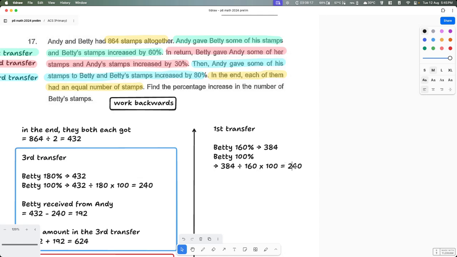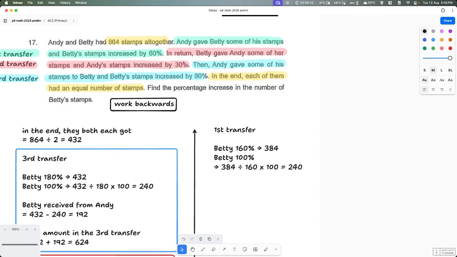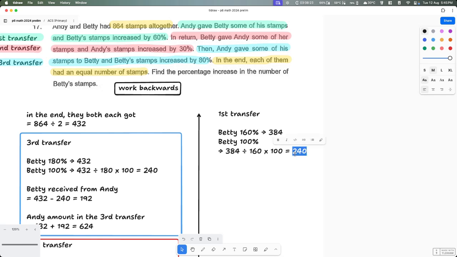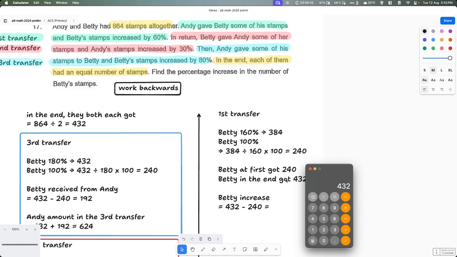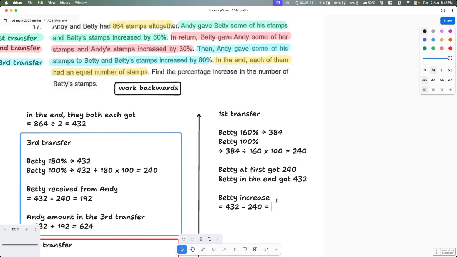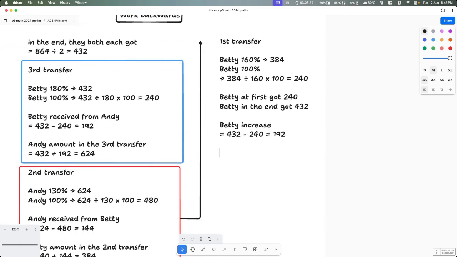So from here, we know her initial one. Betty at first got 240, and Betty in the end got 432. So that means Betty's increase is equal to 432 minus 240, which is equal to 192.